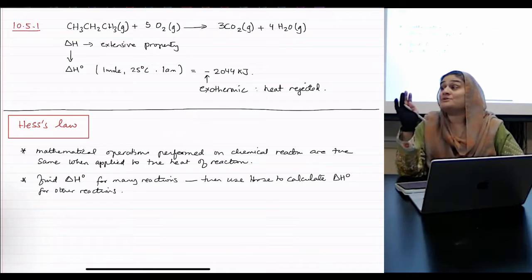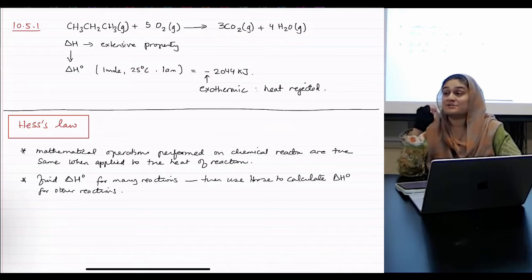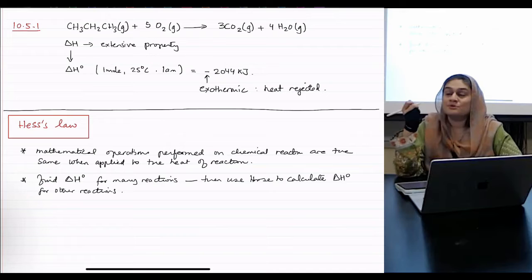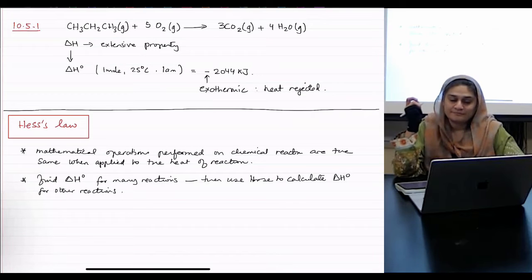And the other reactions could be completely different reactions. So it's actually very useful. And I'll do an example.